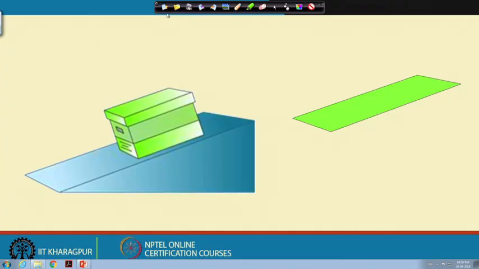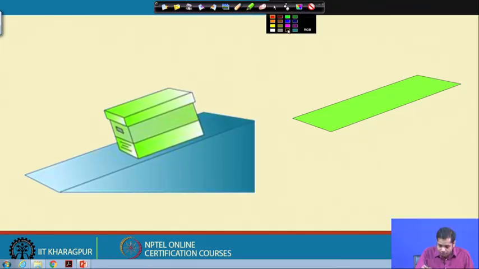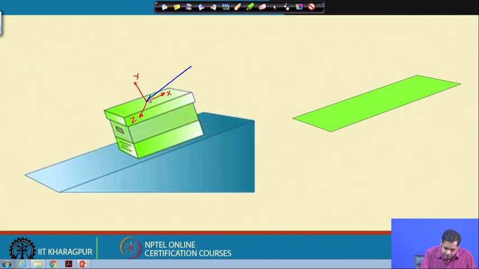Suppose in the same problem, let us first fix the coordinate axes: x, y and z. Now, on this coordinate system, suppose we have a load like this, P.